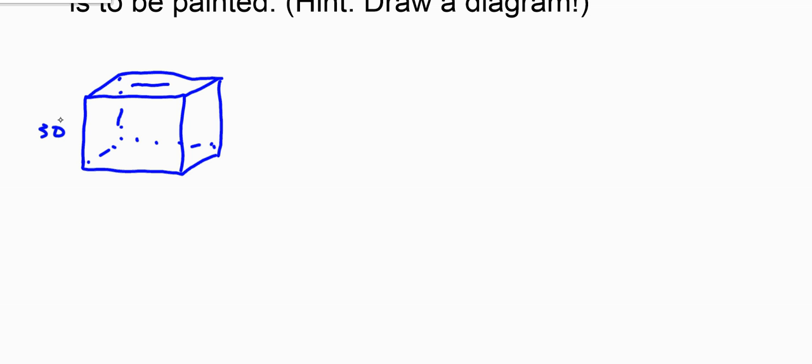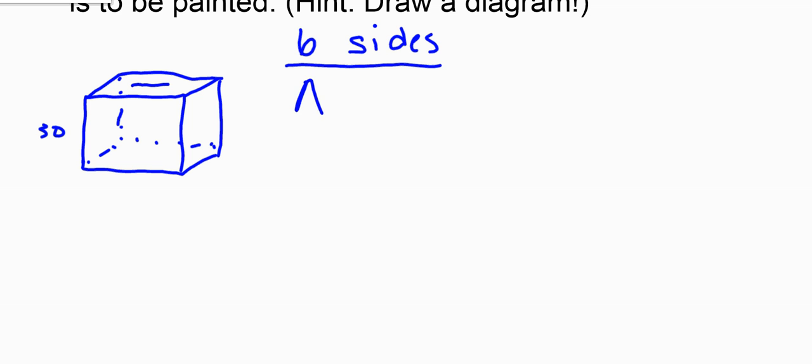So when I'm doing a question like this, I'm going to start by looking at the different sides. Now, because it's a cube, every single side is the same. So I'm going to say that I have 6 sides that are the same. So I could do top and bottom, front and back, 2 sides, but they're all going to be the same.